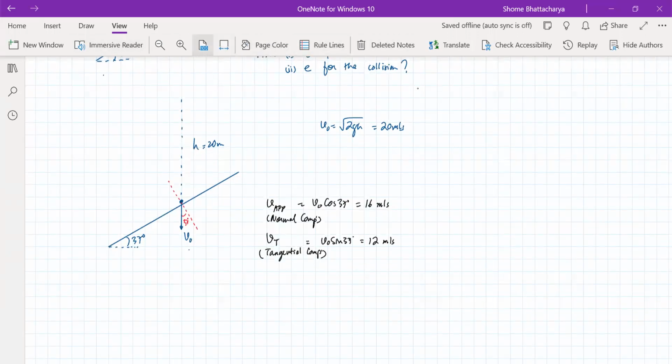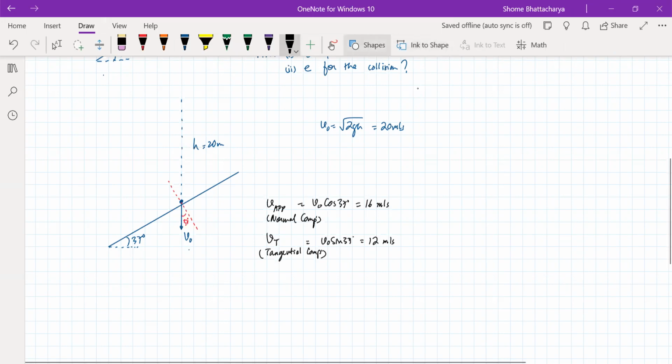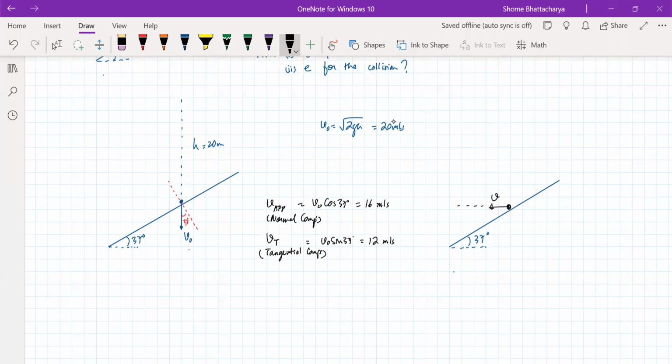Now what's happening just after impact? The question is telling us that immediately after impact, the velocity it develops is horizontal, like this. So you can see that with respect to the normal, this is at an angle of 53 degrees now.